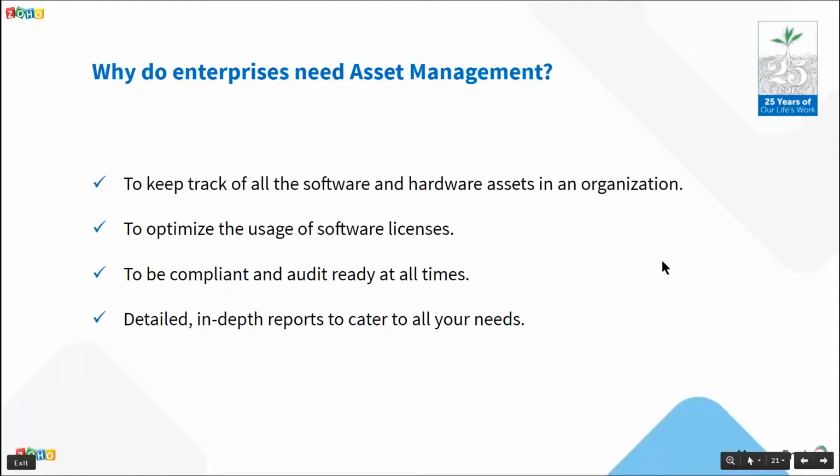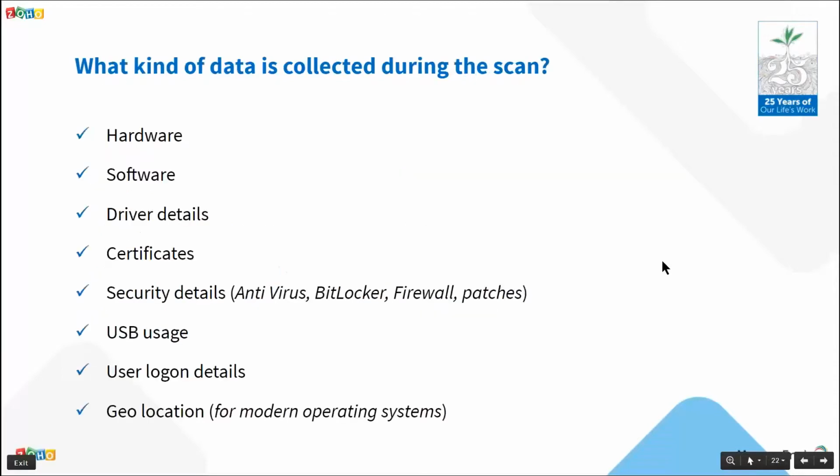So now we'll discuss what options Desktop Central provides in asset management. Desktop Central's asset management scans all the asset data from the computer. With the help of the agent that you install, we will scan all the data: hardware details, software details, driver details, certificate details, security details, USB details, and everything that you see here.